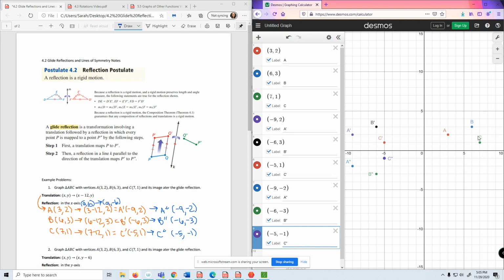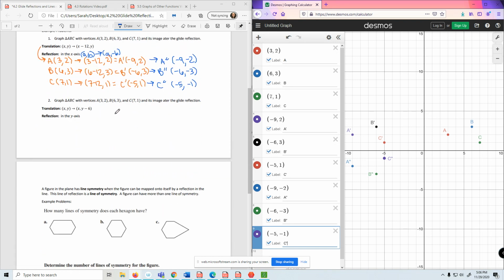So we started with triangle ABC. We translated, turned it into A prime, B prime, C prime, reflected it over the x-axis, or in the x-axis rather, to get our final image, A double prime, B double prime, C double prime. That's the result of our glide reflection.